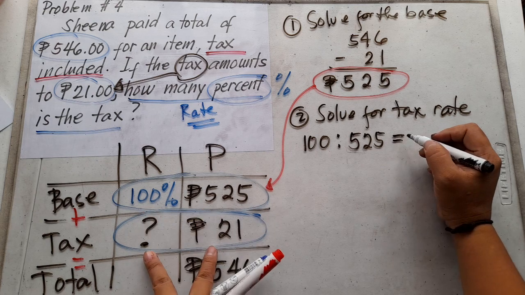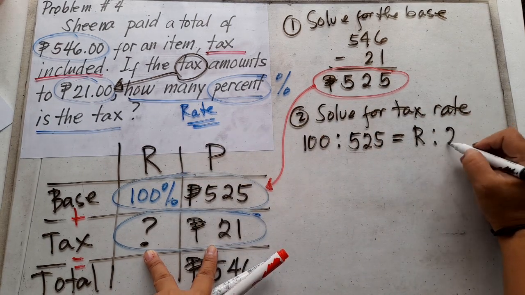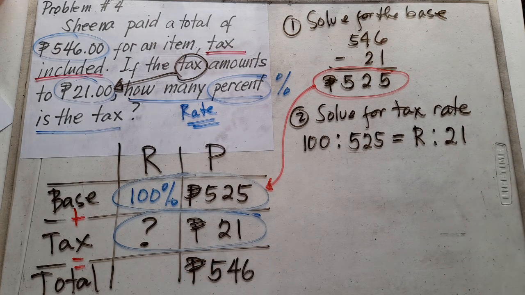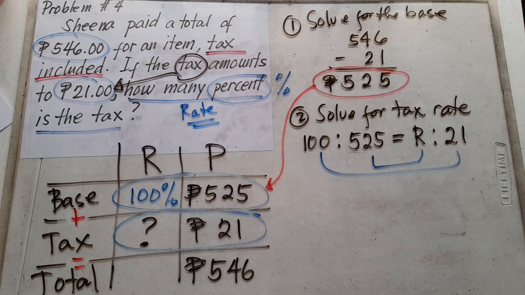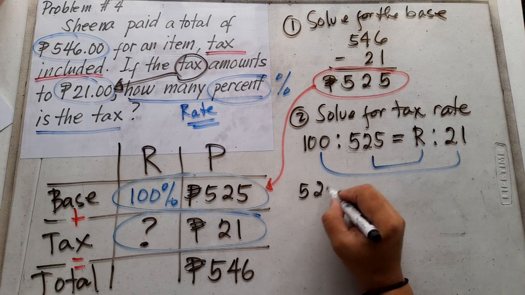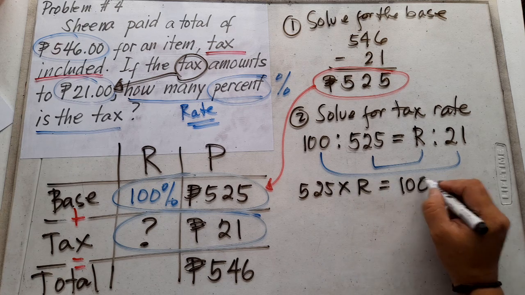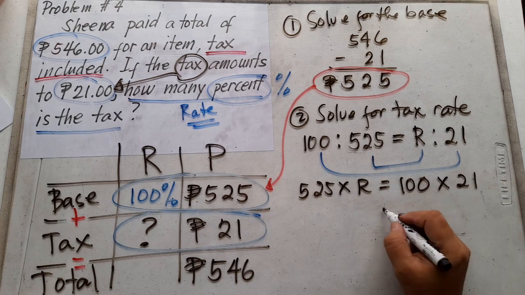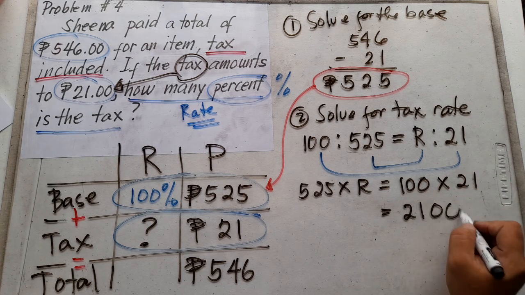And that is equal to, yung question mark natin under rate, that's R, is to 21. We multiply the means and the extremes. We'll have now 525 times R is equal to 100 times 21. And what is 100 times 21? It's 21 with 2 zeros.